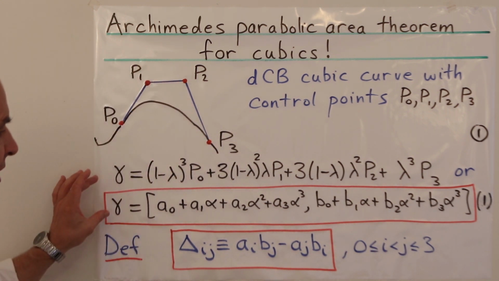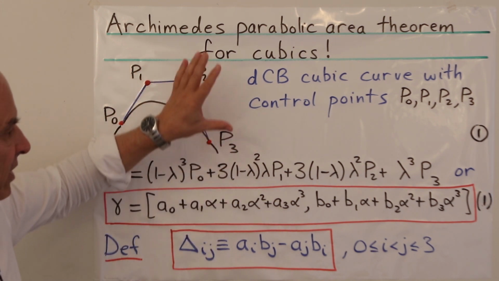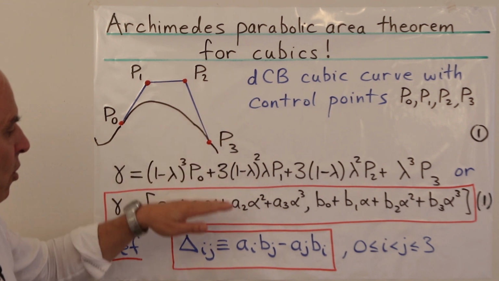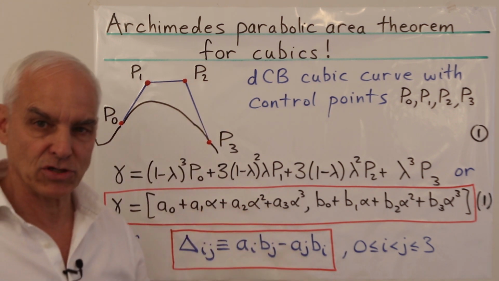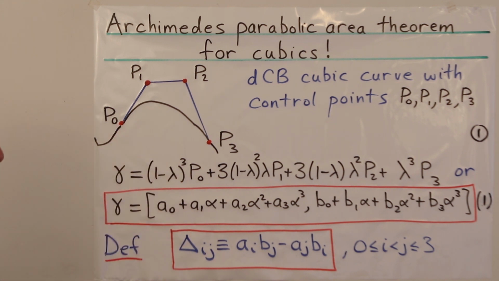That's going to be our algebraic form of the Casteljau Bezier curve, and these two things are equivalent. Having a Casteljau Bezier cubic curve or a polynomially parametrized curve of this form, they're basically the same. We can go from one to the other.